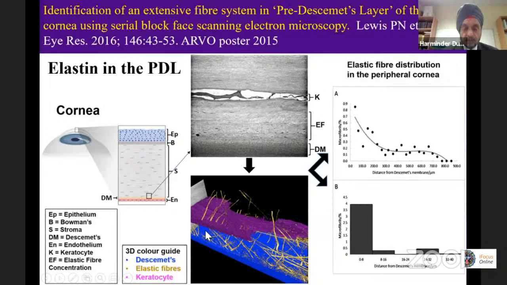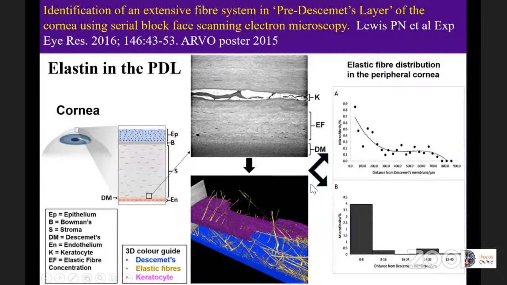It's about 8 to 10 microns of most posterior stroma, with more elastin fibers, the yellow fibers, than the rest of the cornea. But they used serial block-face scanning electron microscopy to show that. And this is the area they were looking at, which is exactly where the Pre-Descemet's layer is.